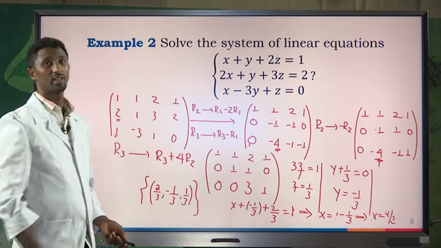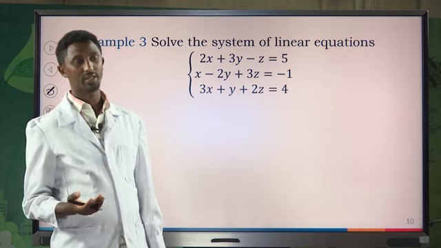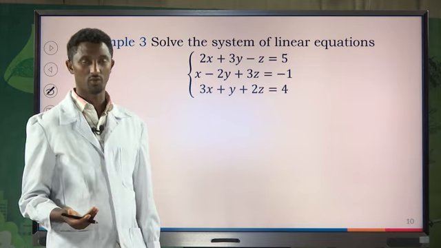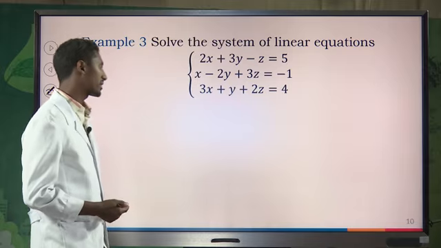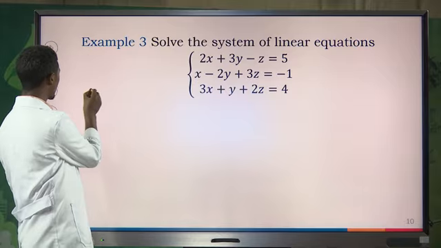In the same way, let's do another example. Example 3, solve this system of linear equations. We'll follow the same technique as we have seen on the above slide. To solve a system of linear equations by reducing the augmented matrix into row echelon form, or an upper triangular matrix, let's write the augmented matrix.